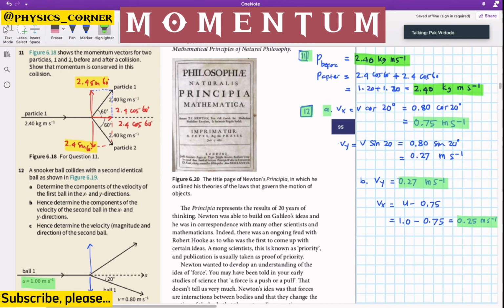Question C is about the velocity of the second ball. It is the root of 0.27 squared plus 0.25 squared, between velocity on the x and y direction.